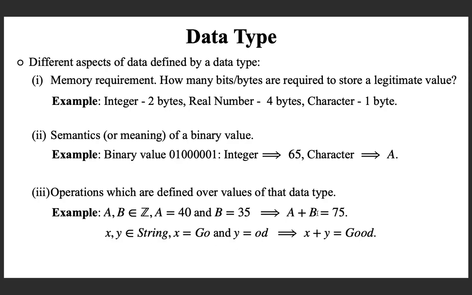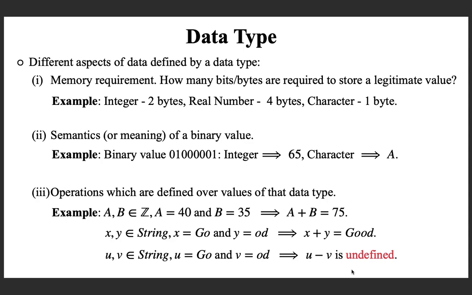See, meaning of operators are also defined by the data type. You can see here that if you are performing plus over two numbers, then it is addition. And if you are performing the same operator over two strings, it may be concatenation. Or you can say that, okay, you have two strings u and v, u minus v is undefined. That means the data type is not defining minus as an operation.